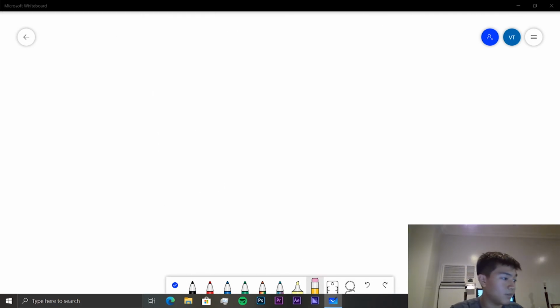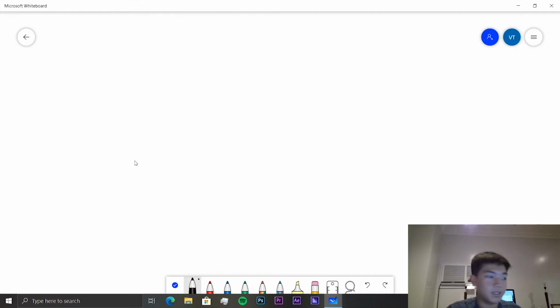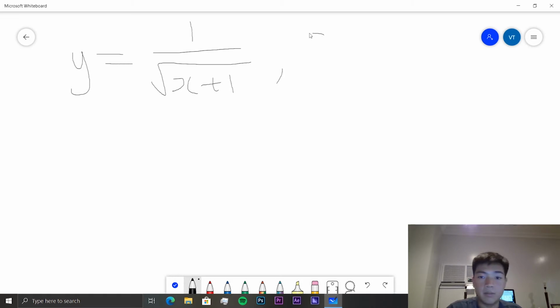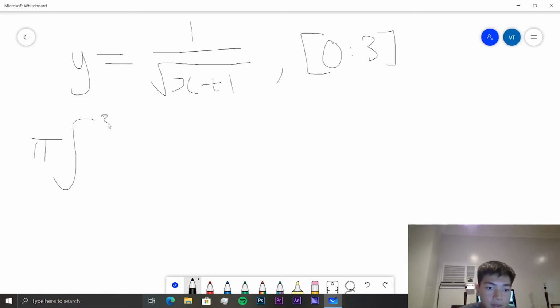Well, we have another one actually. So this is y is equal to 1 over the square root of x plus 1 between the intervals 0 and 3. So we have pi times the integral from 0 to 3 of 1 over x plus 1 squared, so this is 1 over x plus 1 dx.